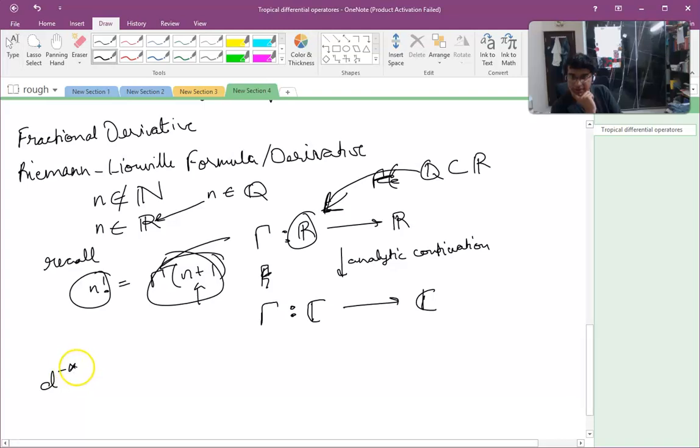and I say d to the power of minus alpha, this time, let's just take alpha as a real number instead of n. Now we have alpha.